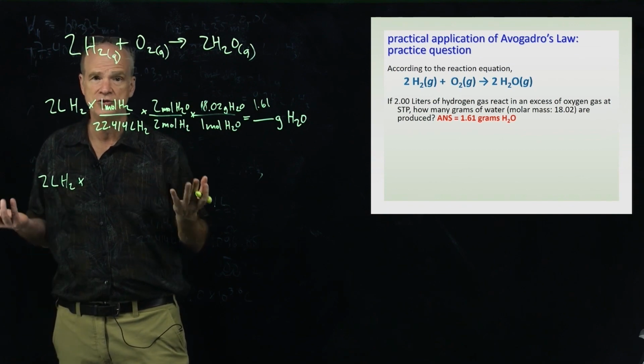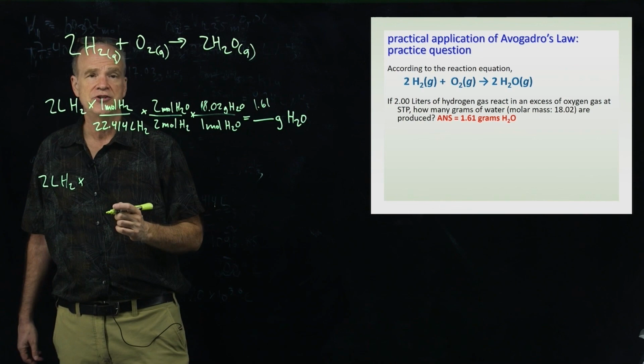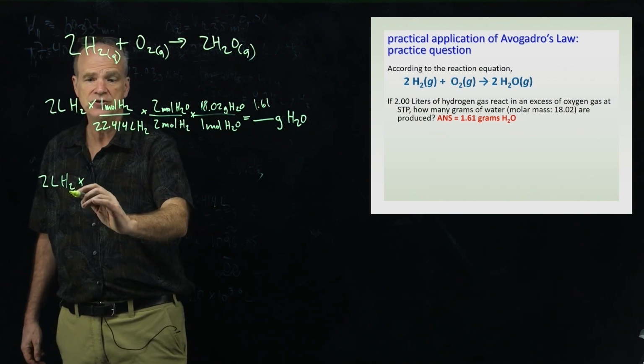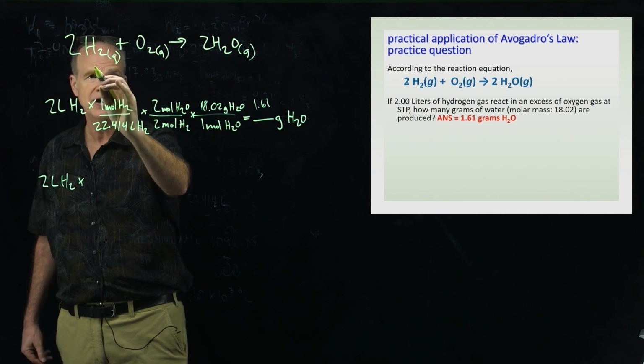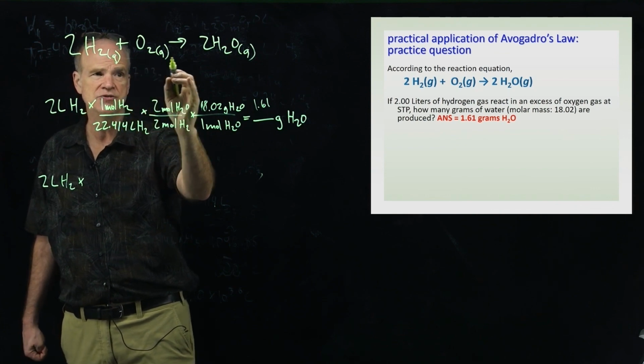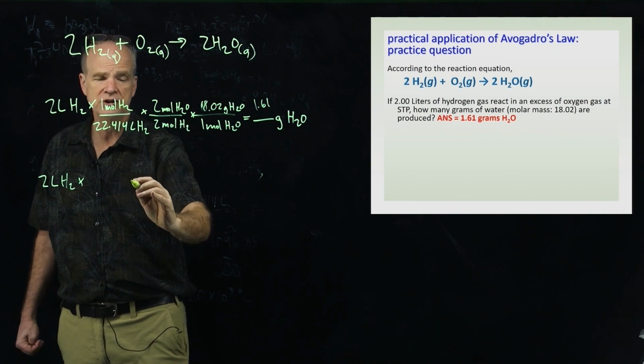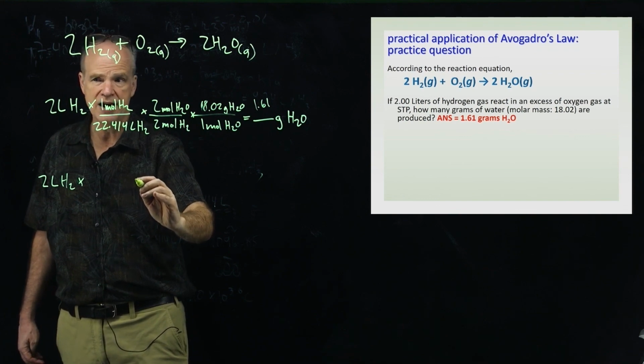And so you could choose the volumes to be units. If you wanted to, you can take the 2 liters of hydrogen and, using the ratio of 2 liters of hydrogen reacting with excess oxygen giving you 2 liters of water, figure out how many liters of water that would be.